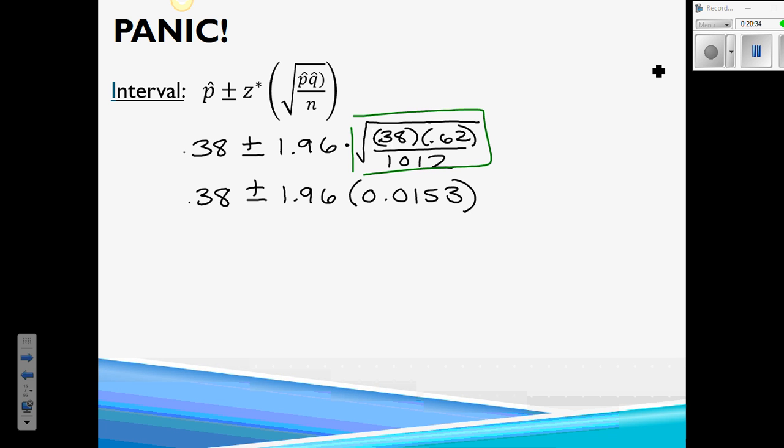So then, what am I going to times here? 1.96, which gives plus or minus 0.0299. I'm just doing four decimal places.